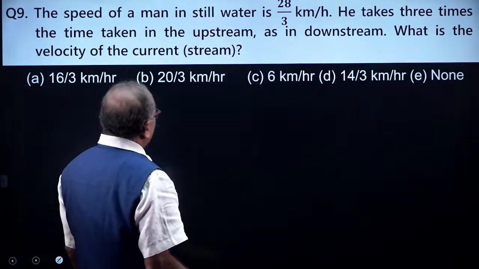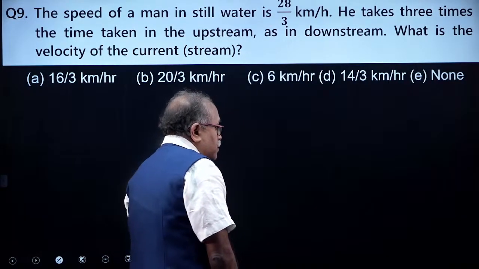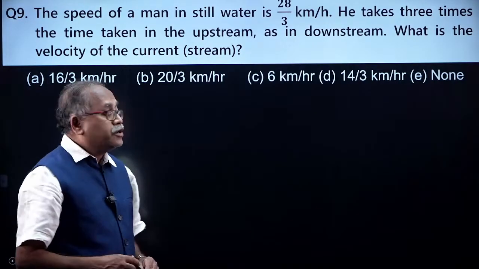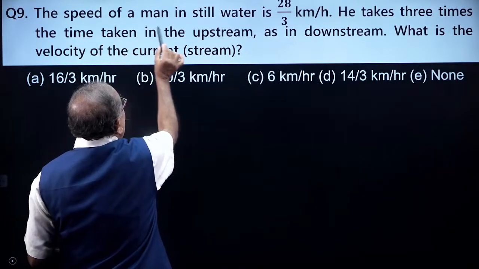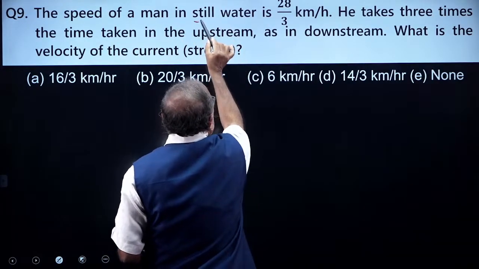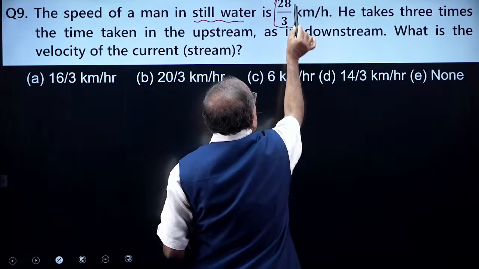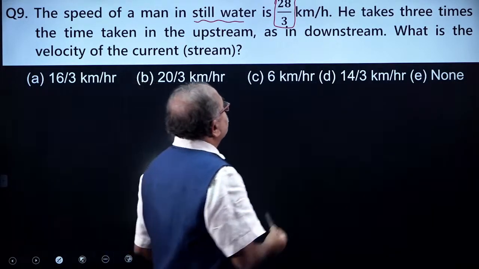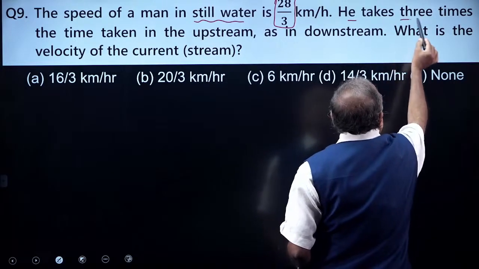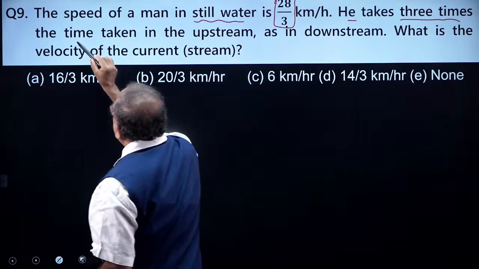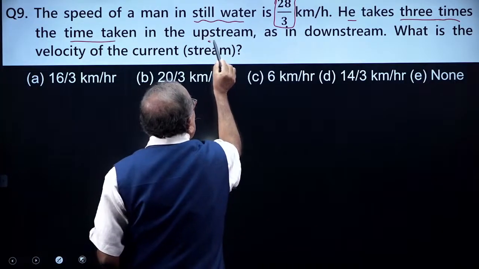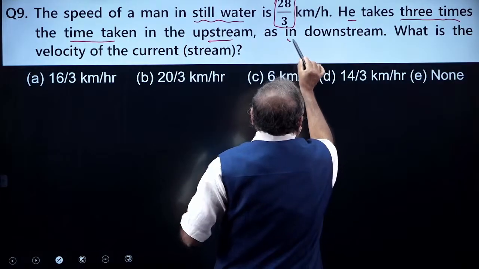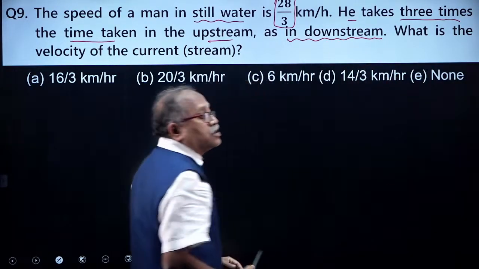And the next question on the board is this. Now what is this one? There is a shortcut for this question. So allow me to read this. The speed of the man in still water is 28 by 3 kilometer per hour. Speed x is given to us. Now he takes 3 times the time in the upstream as it takes in downstream.